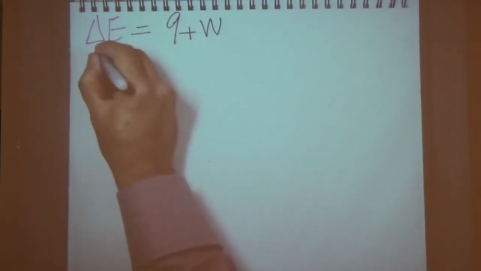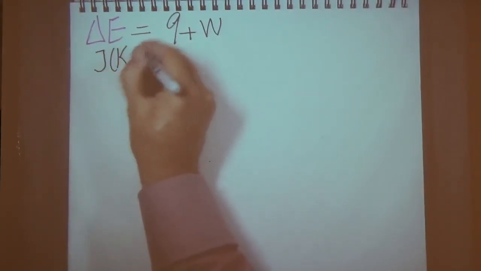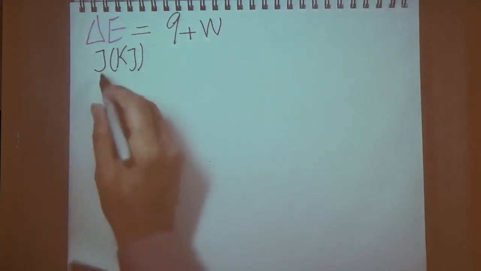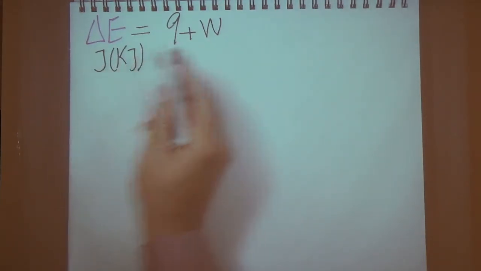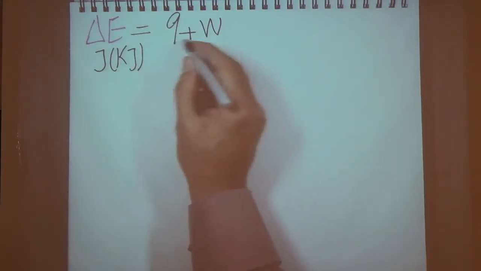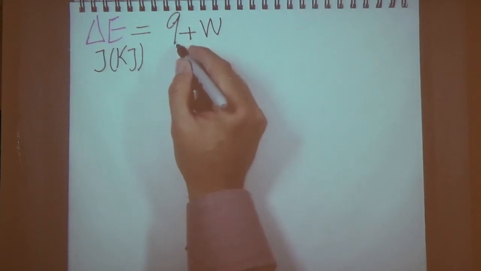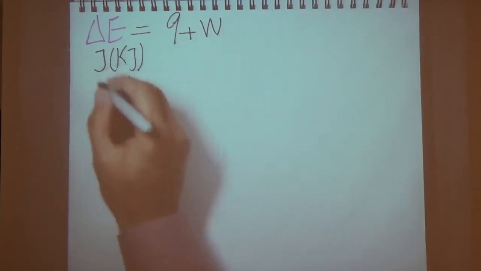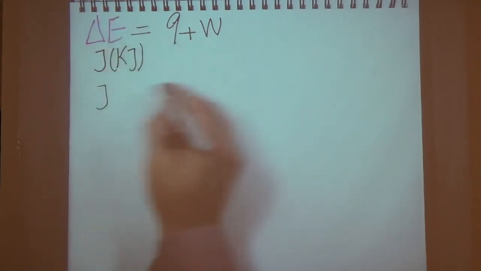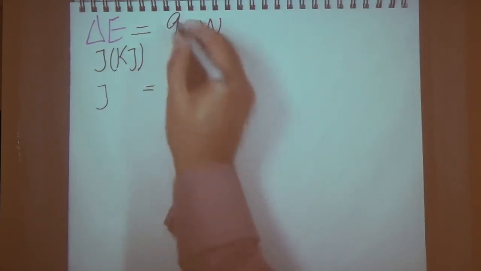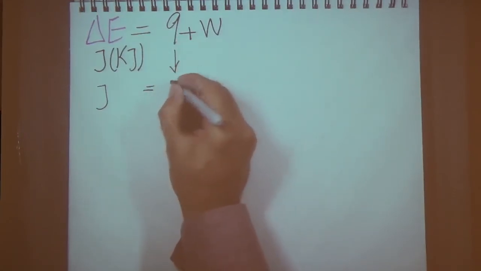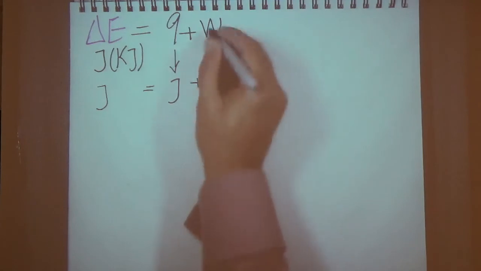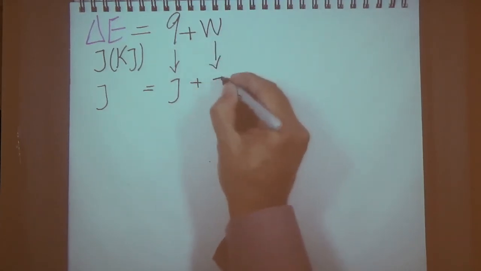Delta E can be either joule or kilojoule. So if you go with joule or kilojoule, then each one of these must be either joule or kilojoule. If I go with joule for delta E, then heat has to be in joule, and work must also be in joule.